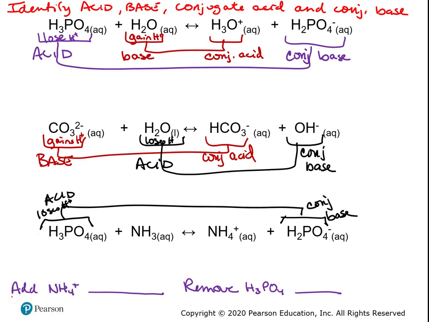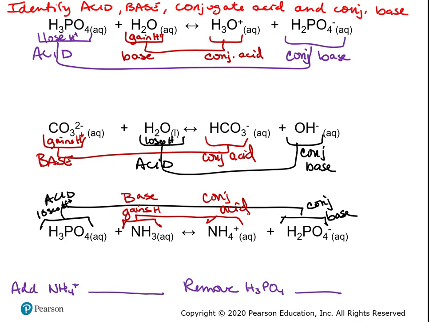And then NH3 goes to NH4 plus, the most similar pair, they look alike. You ask yourself, what happened? NH3 gains the hydrogen, and that makes it a base. And that makes NH4 plus the conjugate acid.